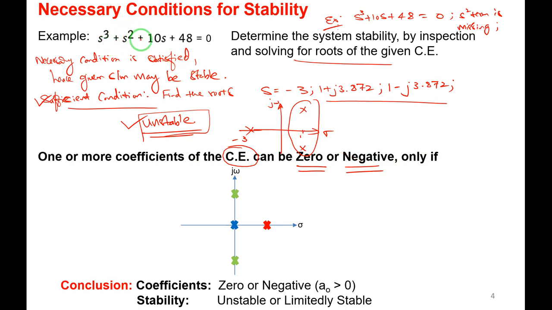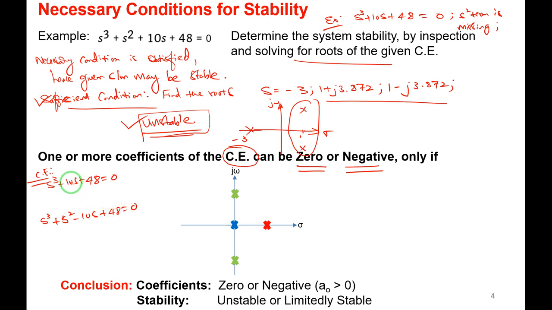Or it can be negative, meaning instead of plus it may be minus 10s, for example, right? So I will write two equations here. s cube plus 10s plus 48 equal to 0. This is one characteristic equation. Let me take another characteristic equation. s cube plus s square minus 10s plus 48.